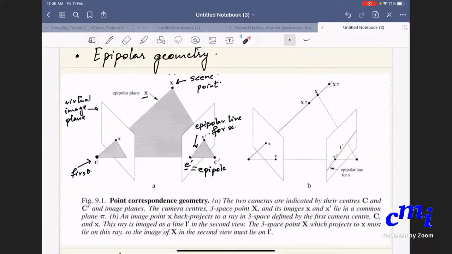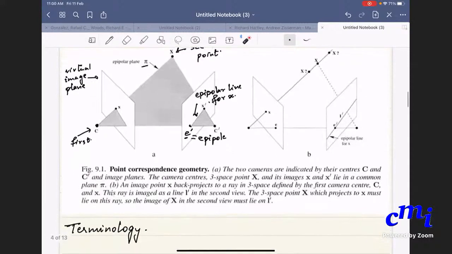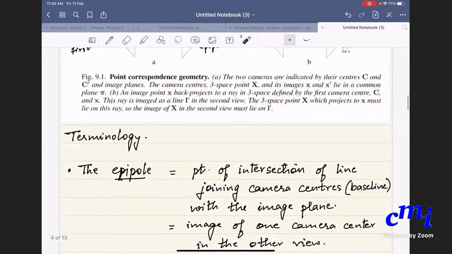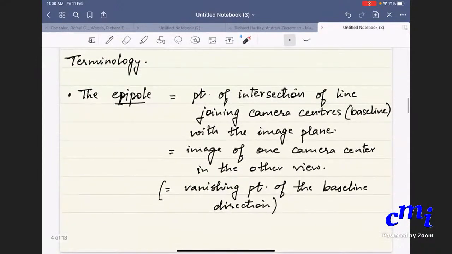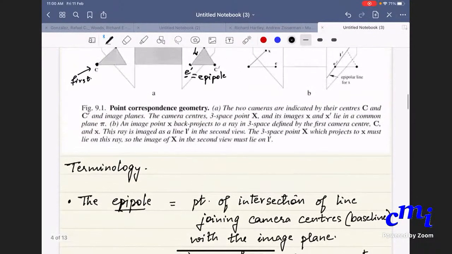So that is the setting for epipolar geometry and our notation. There is also some terminology that I should write down, and we will notice a few more things about it. First, the epipole, which is what we saw here, is the point of intersection of the line joining the camera centers with the image plane.